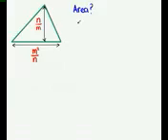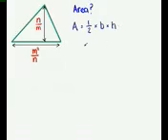We should know already that the area of a triangle is given by A for area equals a half times the base multiplied by the height.